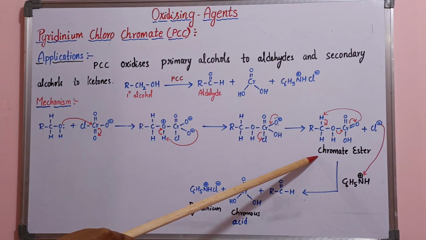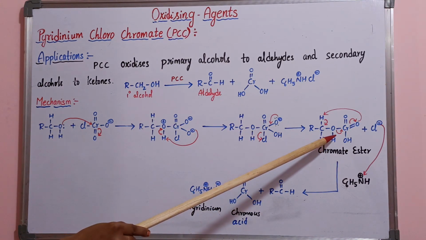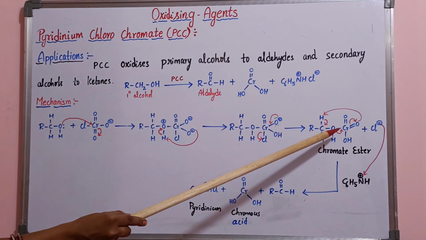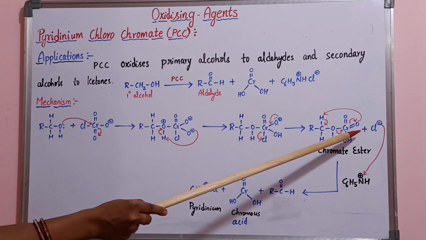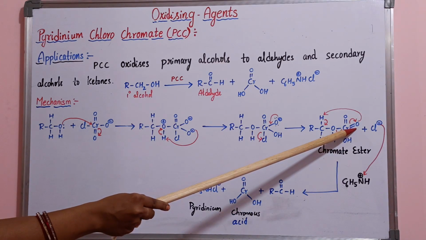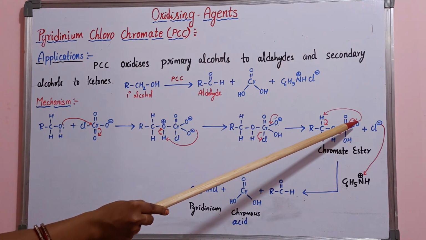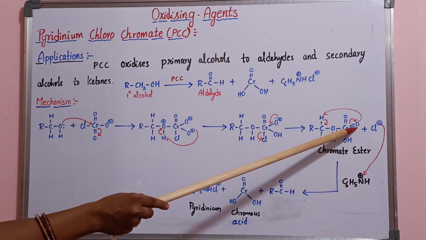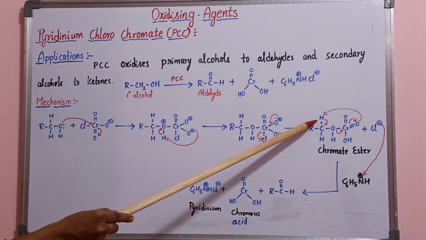Next, I am cleaving the bond between oxygen and chromium, shifting the bonded electrons towards chromium. I am also shifting the double bond, the pi bond between chromium and oxygen, towards oxygen. So oxygen gets a negative charge and this bond is cleaved. This negatively charged oxygen attracts the hydrogen from this carbon.